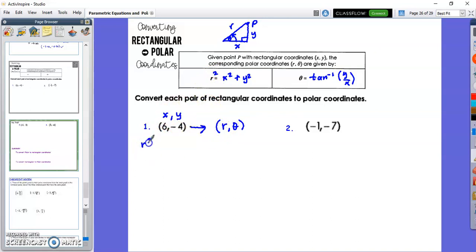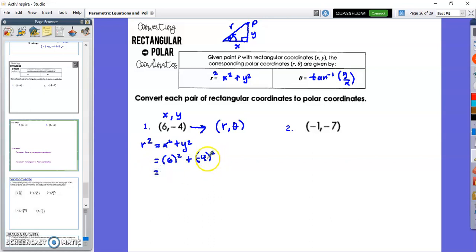Calculating the r, we'll use r squared equals x squared plus y squared. So my x squared is going to be 6 squared plus my y squared is going to be negative 4 squared. When you put this in the calculator, make sure you put it inside parentheses before you raise it to the second power, because if not, it's going to give you a negative 16.